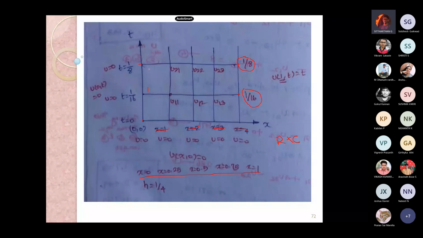So we will name it as U of x comma y, no, sir. In that case, it will be row into column. Okay, this is the zeroth row, and this is the first row, and this is the second row. Okay, let it be u of x comma y.